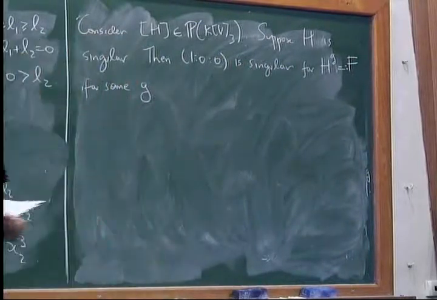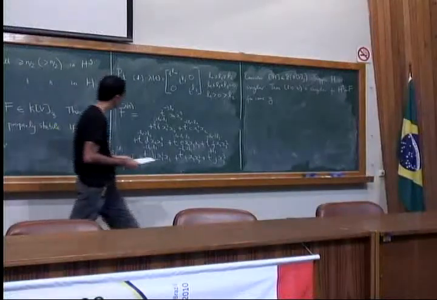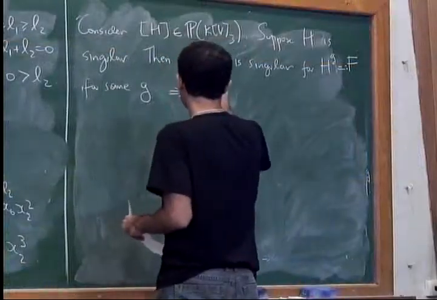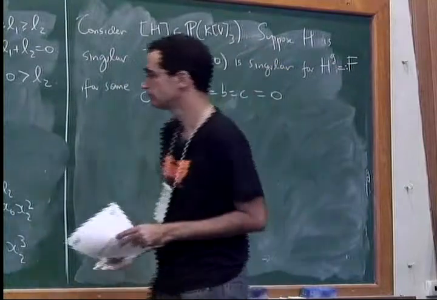Okay, so now I have a polynomial, which is the f I'm writing here, the sum of what I wrote before, right? And this point is singular, so that implies that a equals b equals c equals 0. Right?